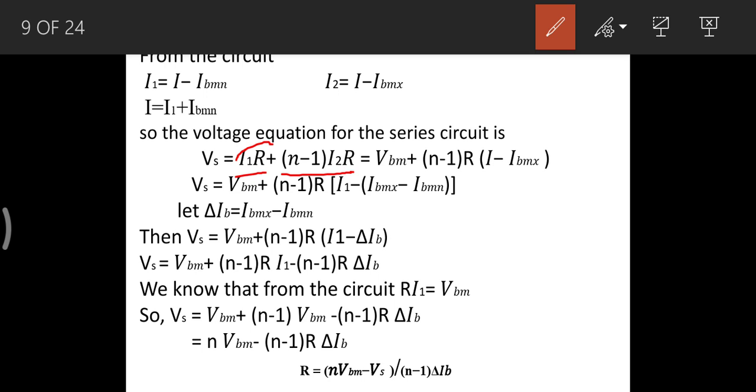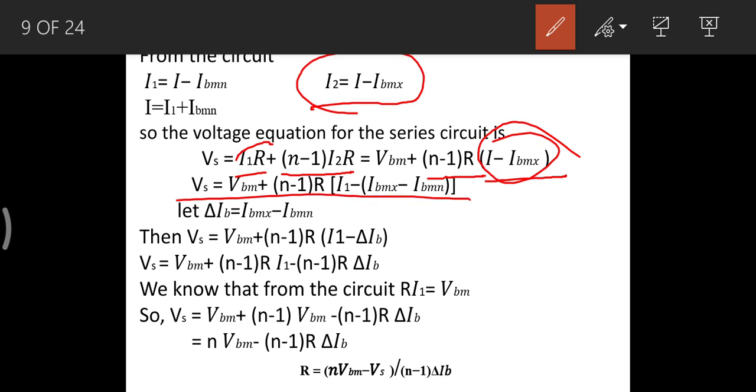Now we know I2 is equal to I minus IBX. Now I am substituting I2 here, and multiplying n minus 1 into R with this element. We get the equation Vs as VBM plus n minus 1 R into I1 minus IBMX minus IBMN. Let us consider the difference IBMX minus IBMN as delta IB.